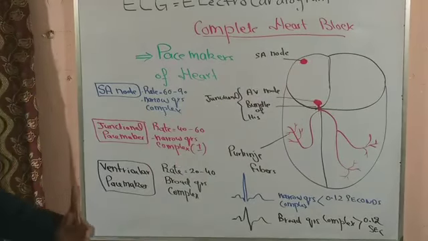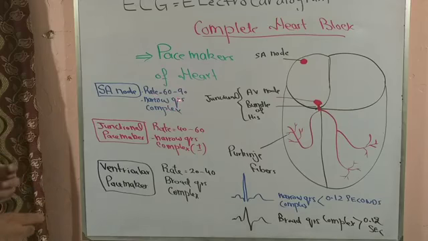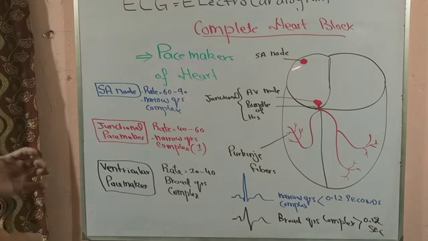So this is what happens, that where the number of the impulses are more, heart is happy to obey these commands, and these two pacemakers, junctional pacemaker and the ventricular pacemaker, remain dormant. So we see 60 to 90 times per minute P wave, we see 60 to 90 times per minute QRS complexes, and these are narrow. So there are 3 pacemakers in the heart and two of them remain dormant.